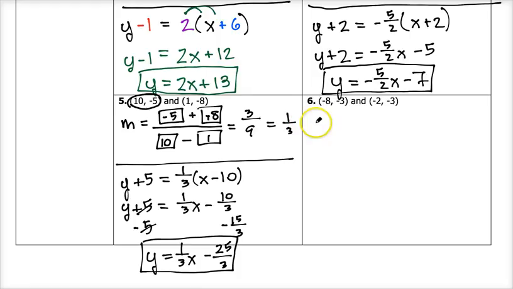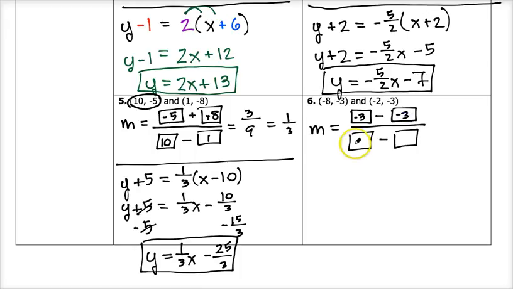All right, finally, number 6, we have the points -8, -3, and -2, -3. So again, I'll calculate the slope by using the slope formula. So on the top we have -3 minus -3. On the bottom we have -8 minus -2.